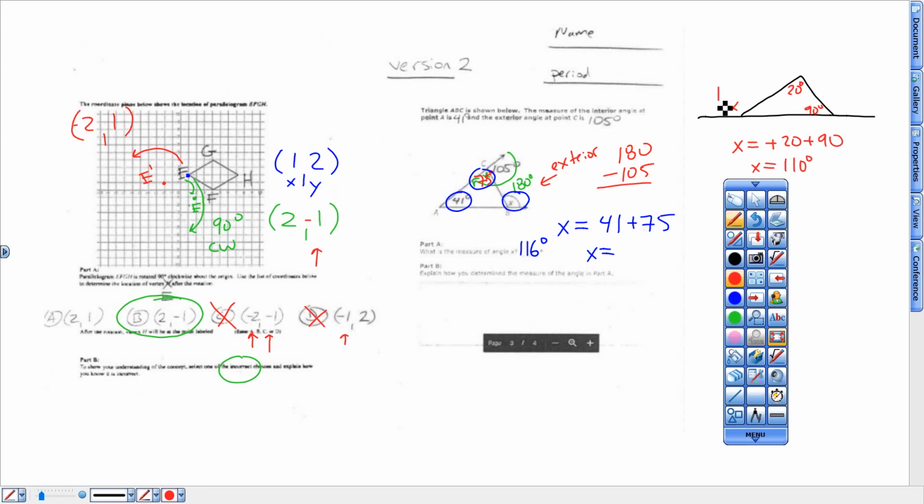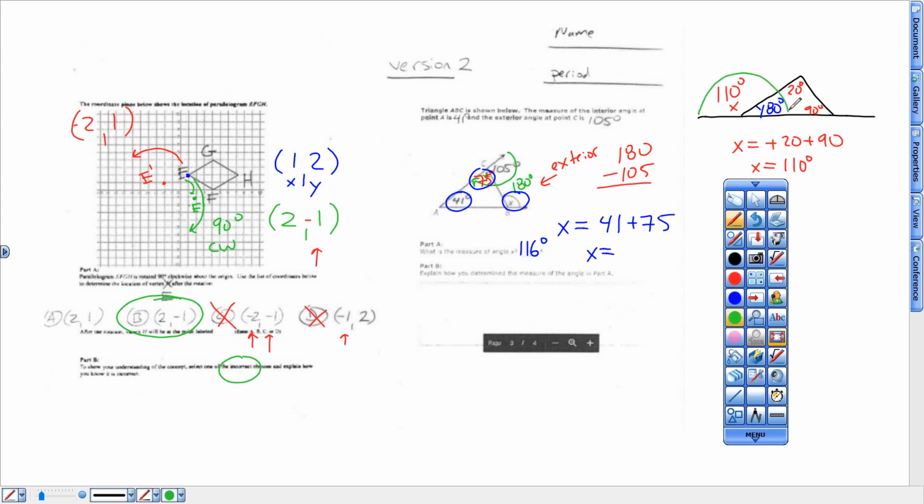And that makes sense because if this is 110, this angle right here has to be whatever it takes to add to 110 to get 180. But no matter what, that y you could see would have to be 80 degrees right there for that angle, because 80 plus 110 gives me 180.